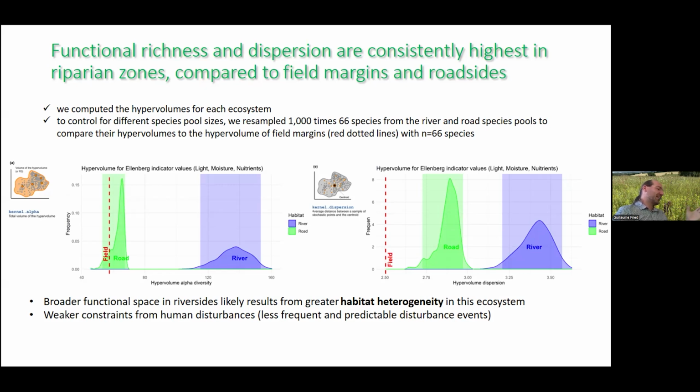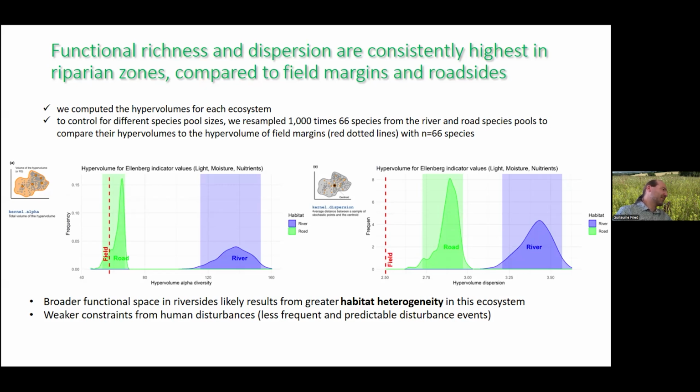The advantage of using hypervolume compared to other metrics for computing functional diversity is that it can better account for complex multivariate space, non-convex shapes, and so on. So here you have just two results.